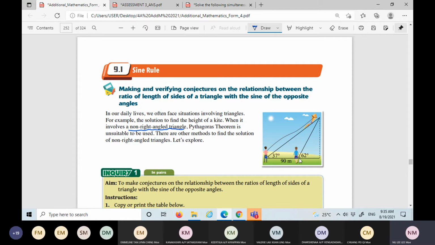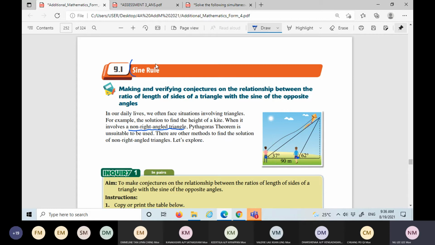You concentrate on the pink one and then the blue one. You see, this will form a non-right angle triangle. So this is why you need to learn this topic, for you to solve this kind of question.